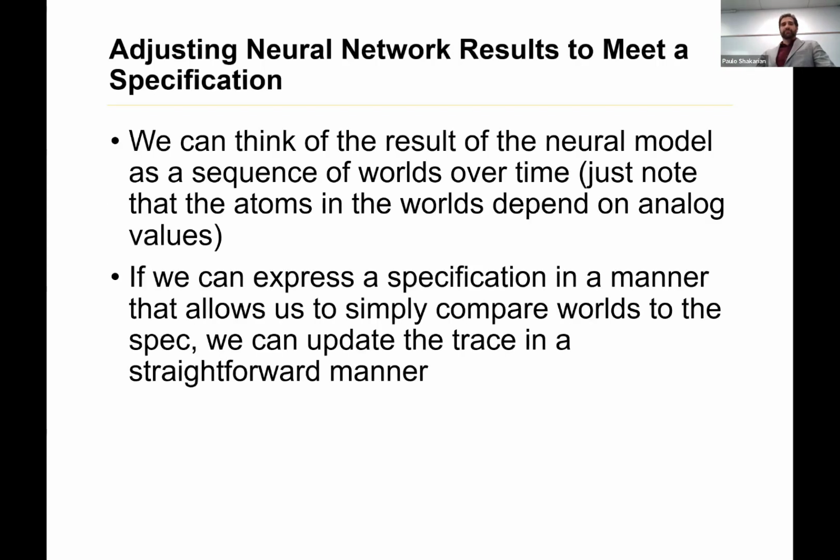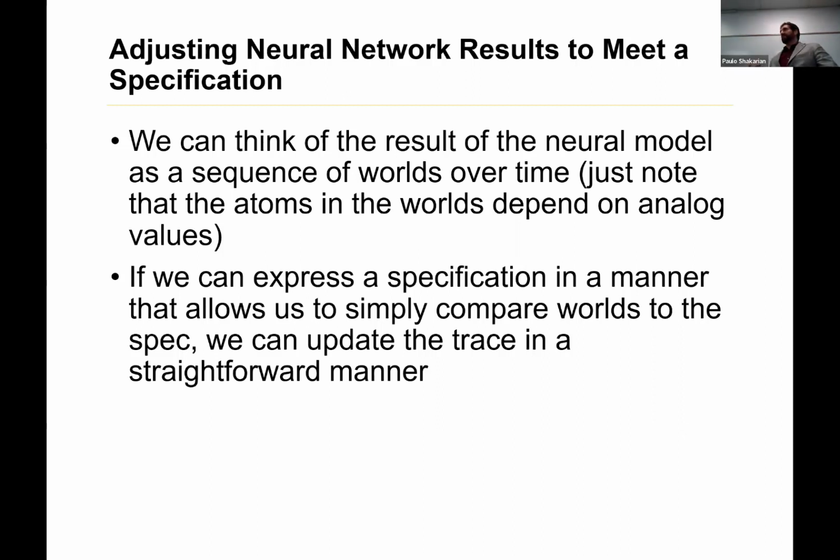So, okay. We can think of the result of the neural network as kind of like a sequence of worlds, because it's going to have atomic propositions associated with that vector at each time. So they're quantizing the result of each time step of the neural network.